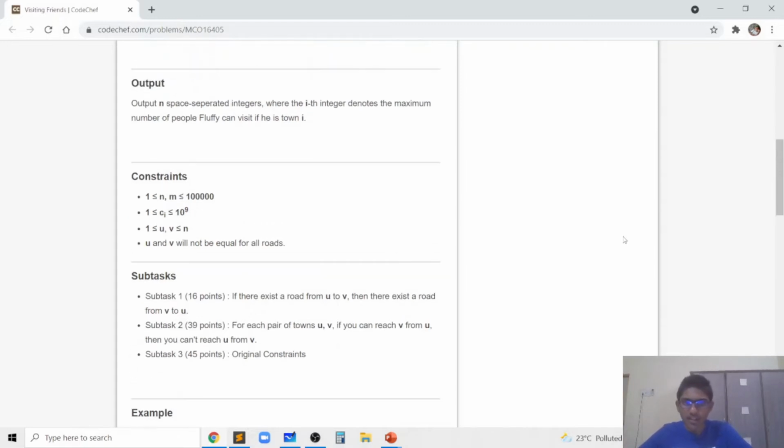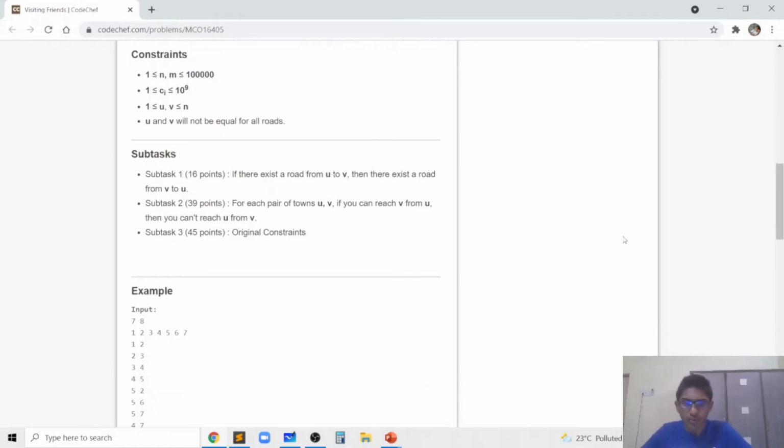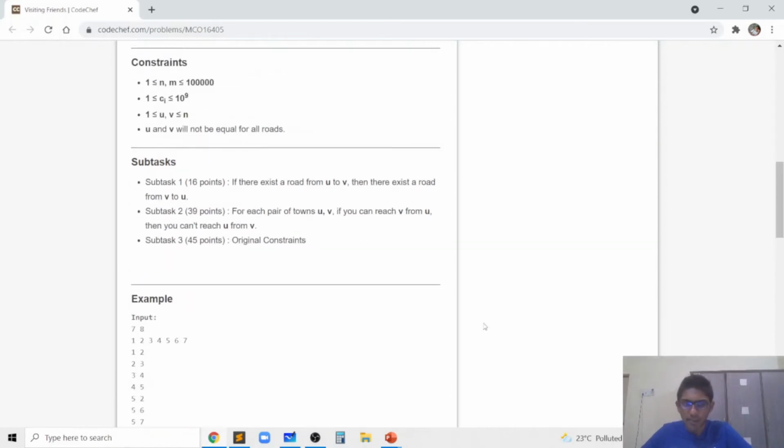Then for each node going from 1 to n, we just print the total population of all nodes in that connected component, and that can be done easily using breadth first search or depth first search in O of n plus m.